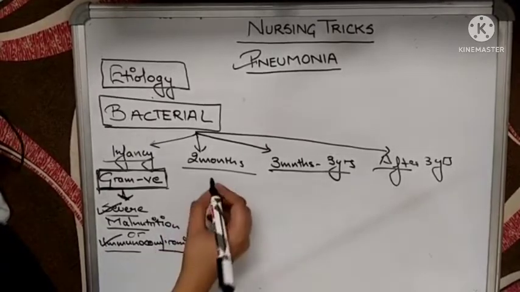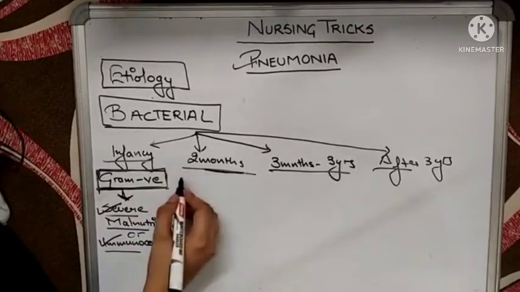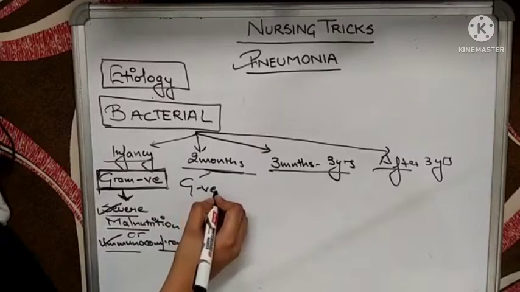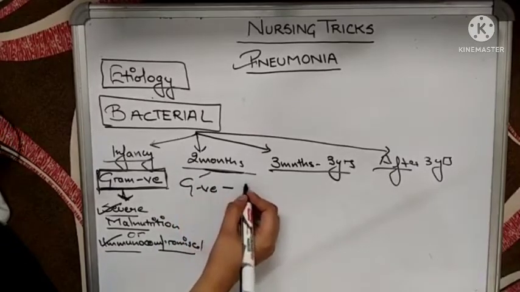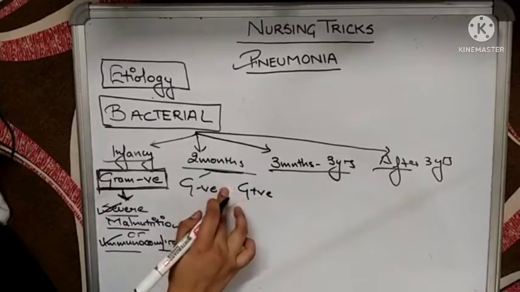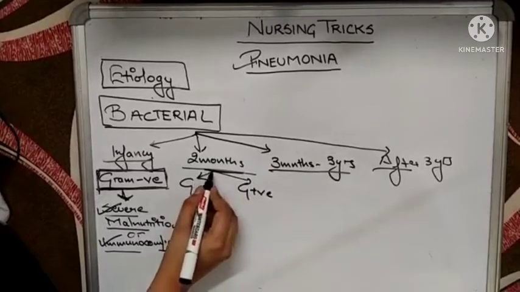Okay. Now in 2 months, it is the gram negative bacteria and also the gram positive bacteria. Now let us see what all gram negative bacteria are responsible and what all gram positive bacteria are responsible.